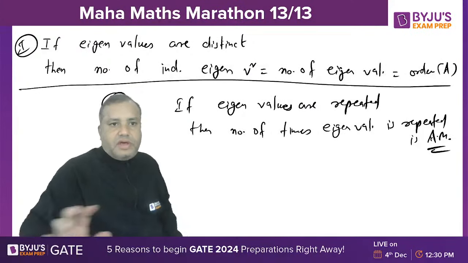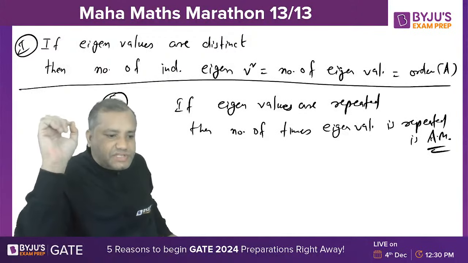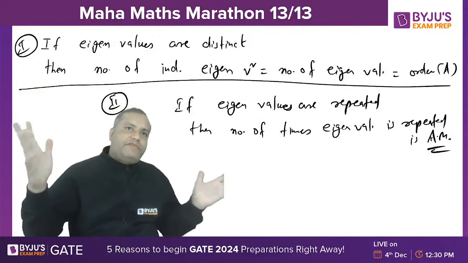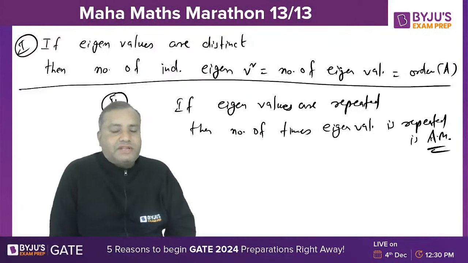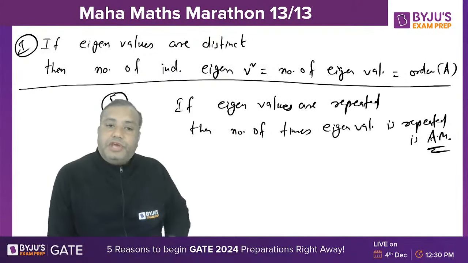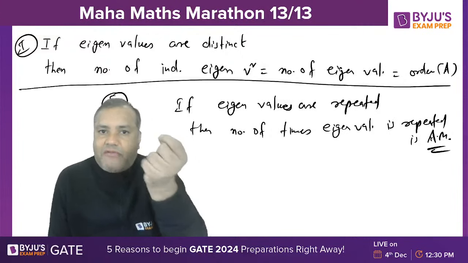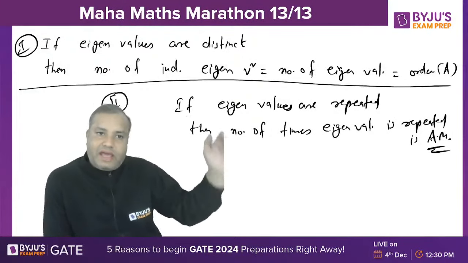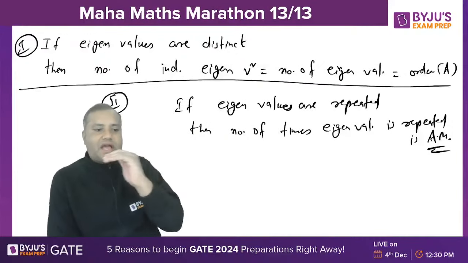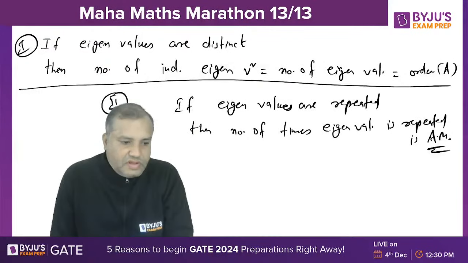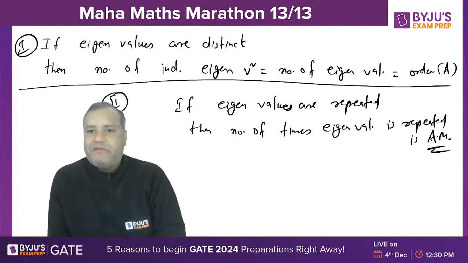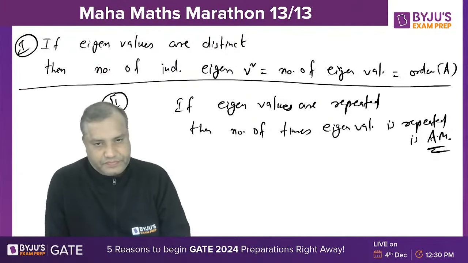Once again, if eigenvalues are distinct, अलग अलग है 1 2 3 3 5 15 like this, if eigenvalues are distinct, then each of the eigenvalue will be having an eigenvector. अगर eigenvalues अलग अलग हैं तो हर एक eigenvalue के लिए एक eigenvector होता है. If eigenvalues are distinct, then each of the eigenvalue will be having an eigenvector associated with it.